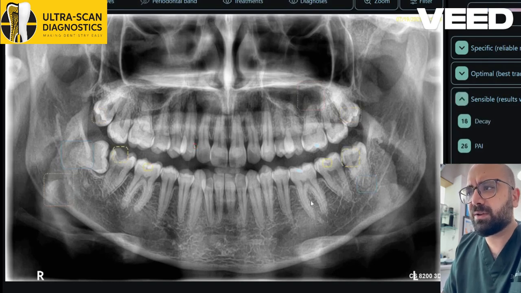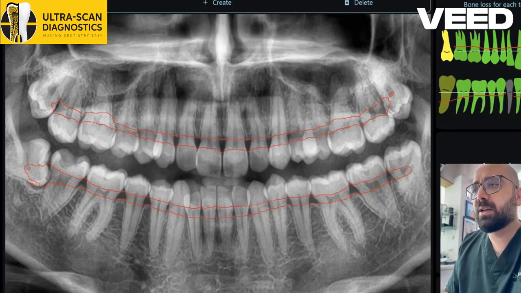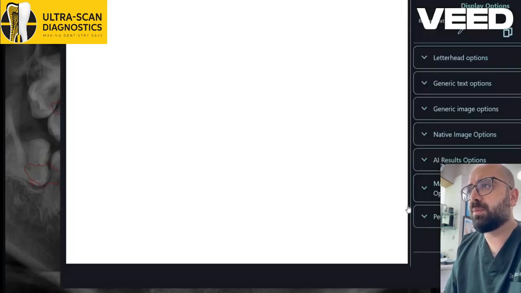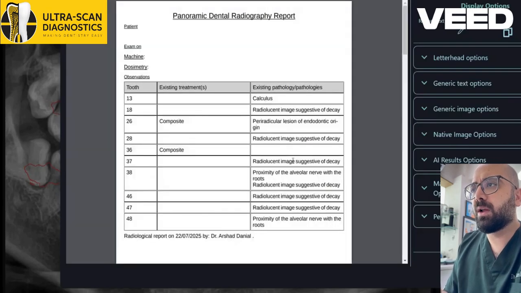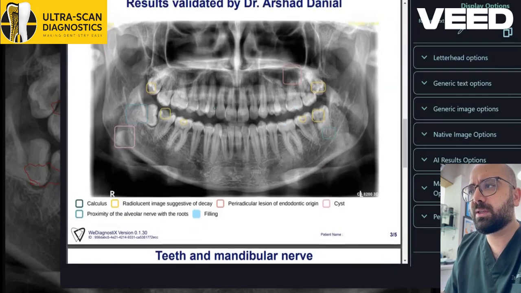It talks about calculus. It talks about all these problems of decay in the lower right area. This is the periodontal analysis. This is something that the AI does as well without any problems. And then this is how the report is made for us and our patients. So we'll keep the data out. This is what we see, decay.